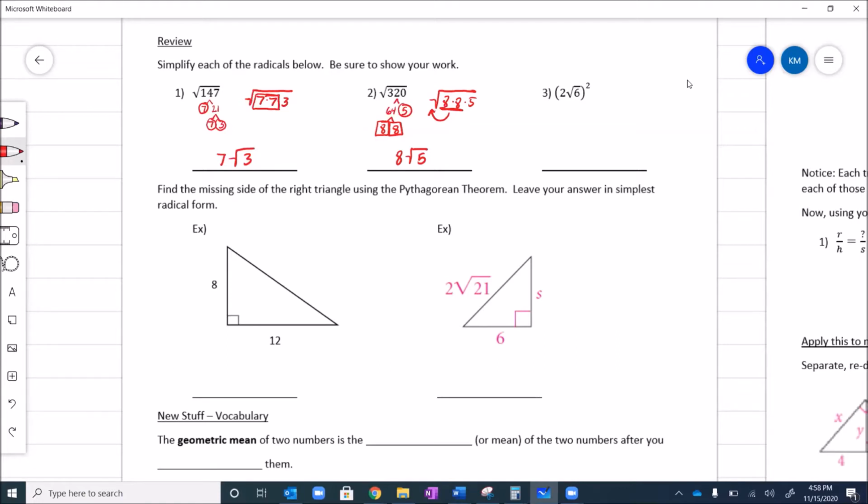Just to show you how this could be different if you chose different numbers, I'll do this in purple here. If we did 320, and I said 2 times 160, then I said 16 times 10, 2's prime, I'm going to circle that. 5 times 2 gives me 10, circle that.